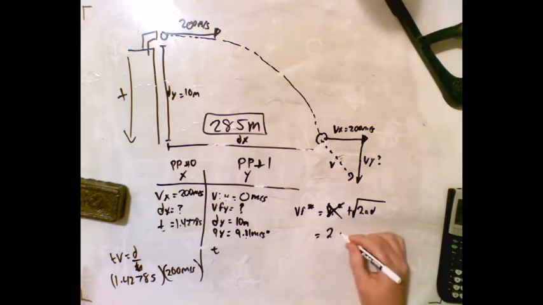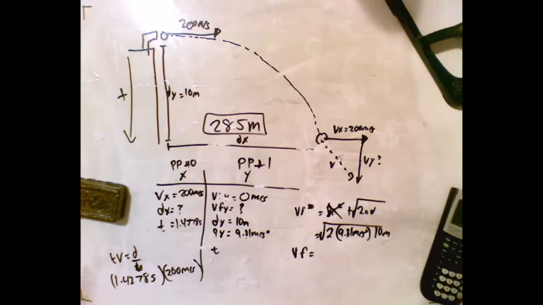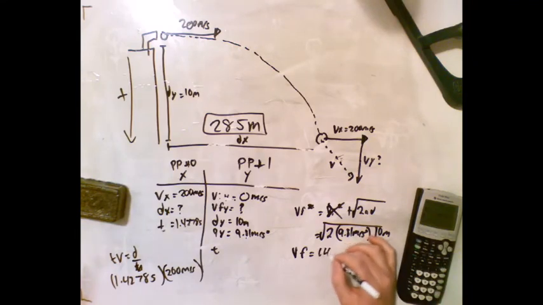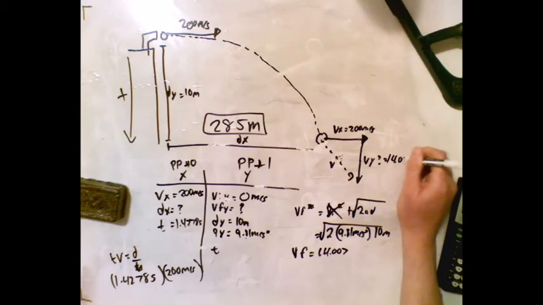So 2 times 9.81 times my distance of 10 meters, all square rooted, and I can find out what that final speed is just before it hits the ground. So 2 times 9.81 times 10, and I square root it, so I get 14.007.